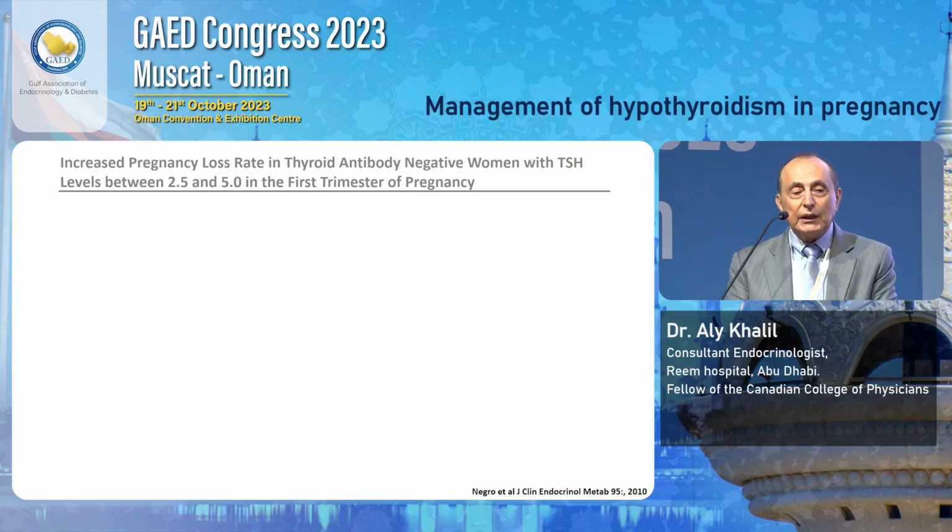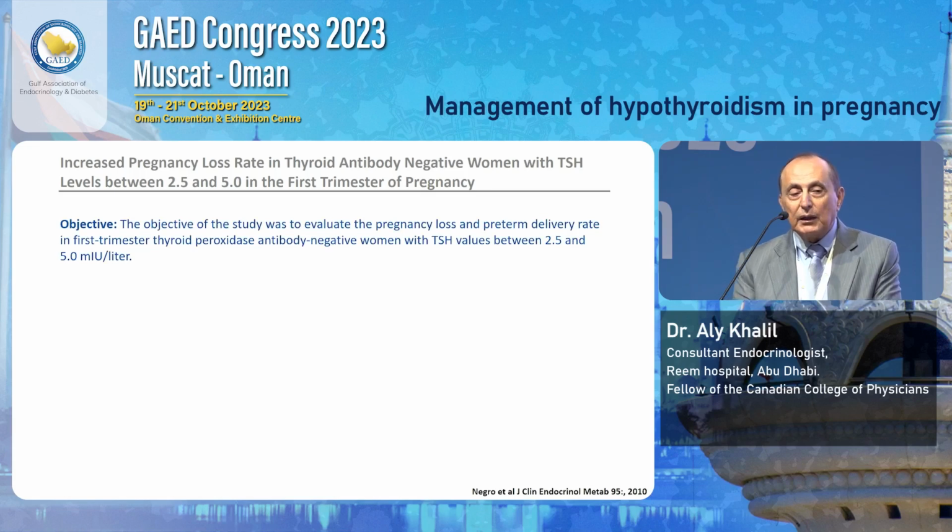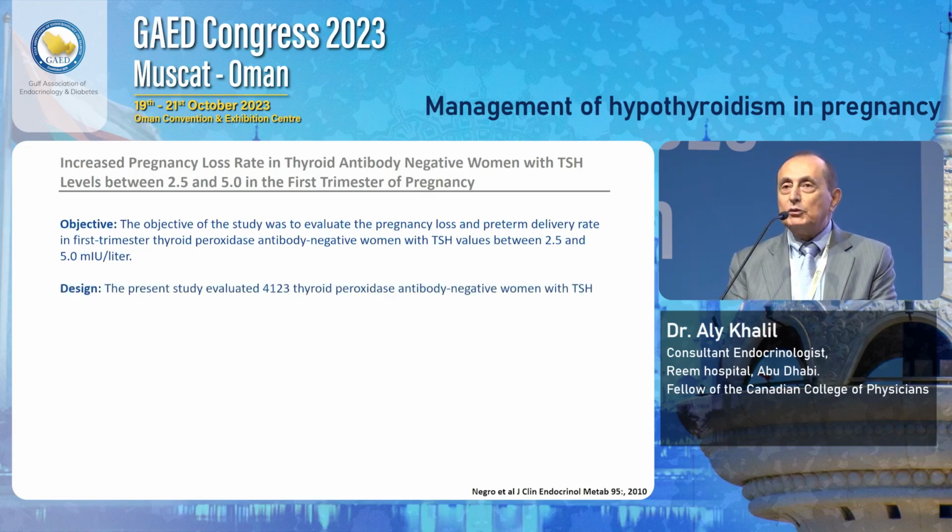And again, he looked at the impact of having TSH between 2.5 and 5, just to go along with what I mentioned about the upper level of TSH. And so he carried out the study in the first trimester, having TSH between 2.5 and 5, negative antibodies. He evaluated close to 4,000 thyroid peroxidase antibody negative women.